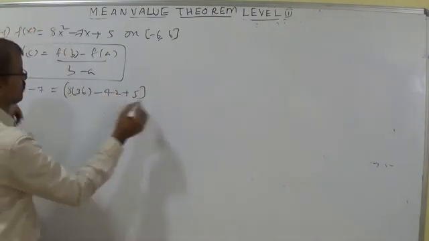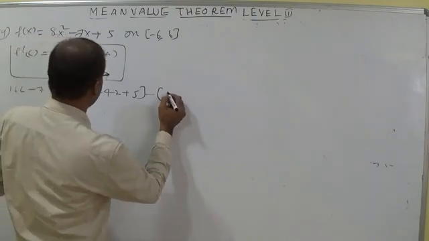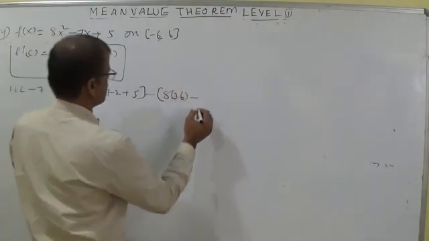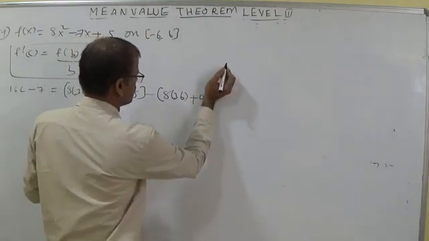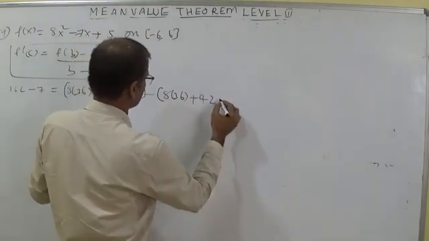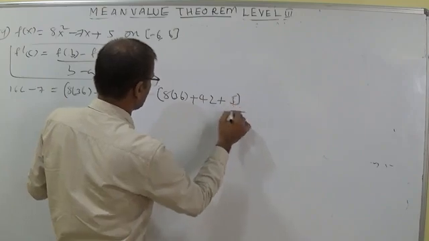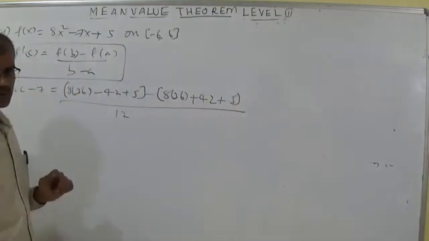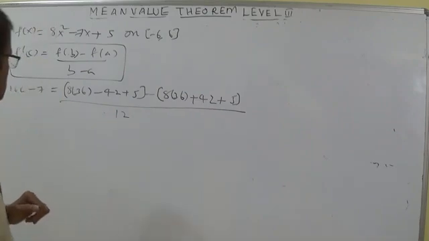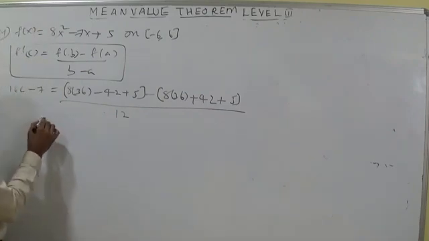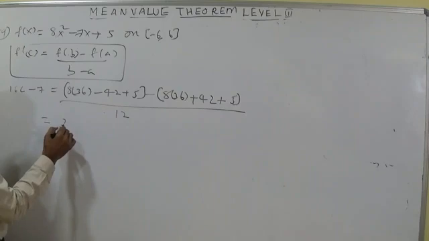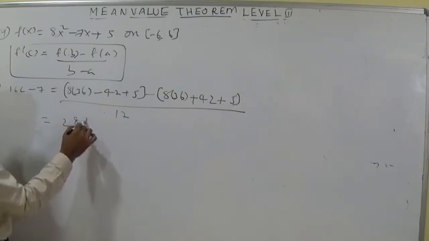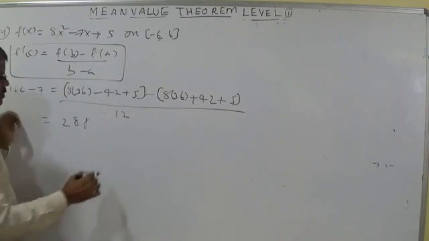This is for f of b minus f of a. 8 into 36 plus 42 plus 5, whole by 12. So here 8 into 36 is 288; 8 sixes are 48, 4 eights are 32 plus 48 is 288.